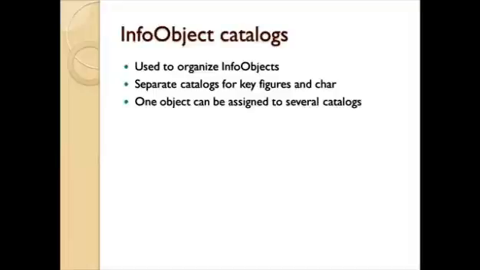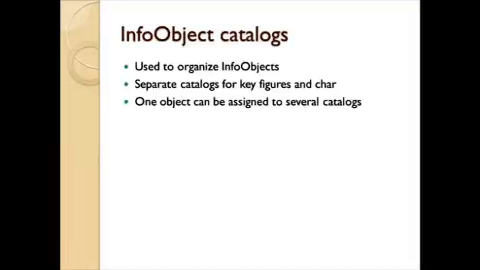So one catalog can have many info objects. At the same time, one info object can be assigned to several catalogs. I guess it all depends on the requirement.